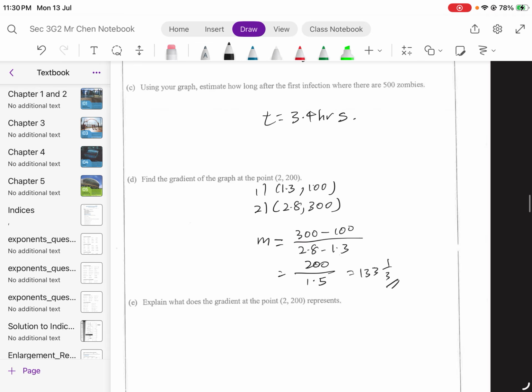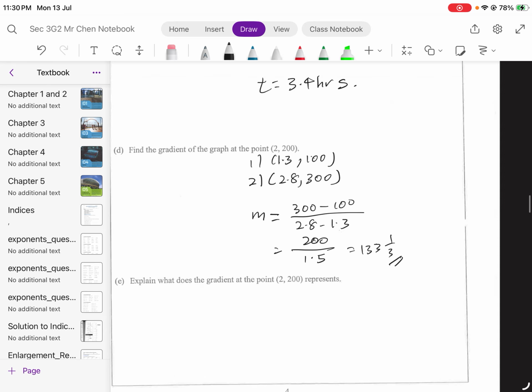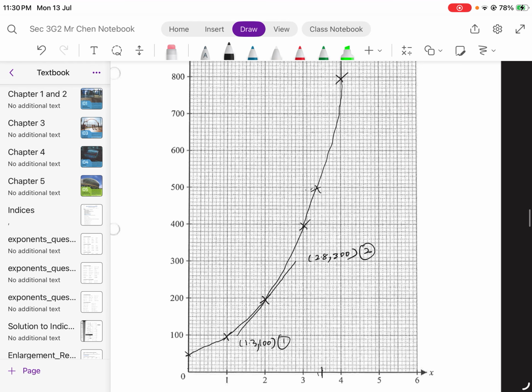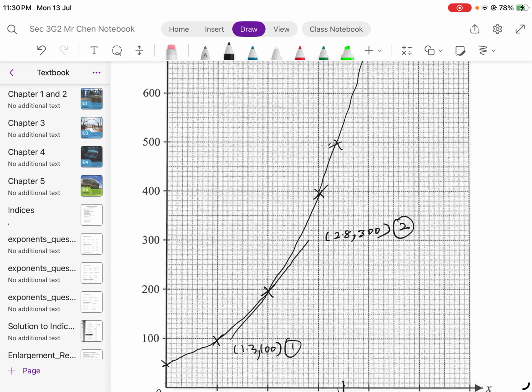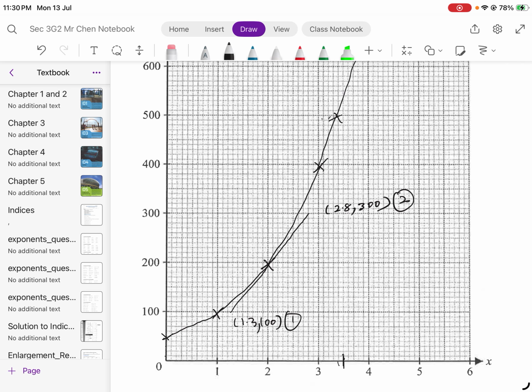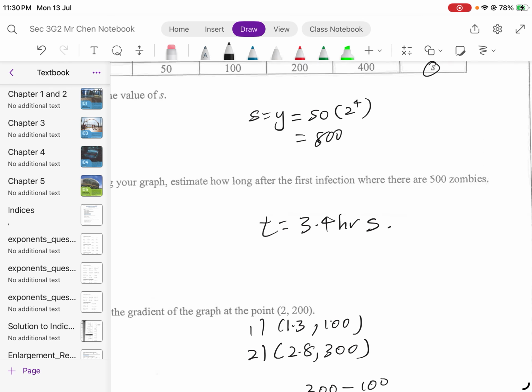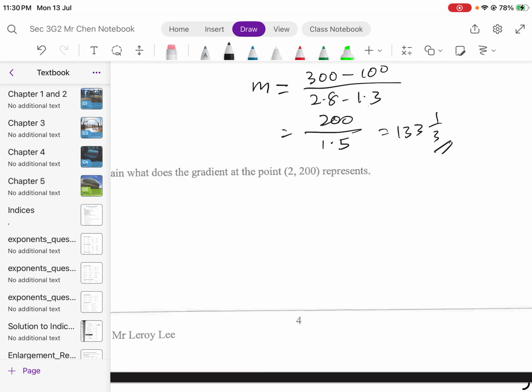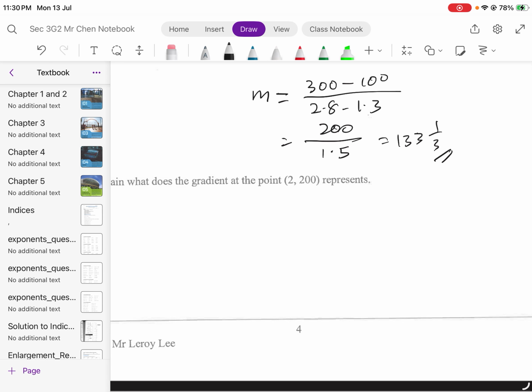Quite extreme. Explain what the gradient of the graph at point (2, 200) represents. The gradient actually shows the rate of the zombie increase. So it's kind of like saying that at this point the rate of zombie infections is increasing by 133 and 1/3 per hour.